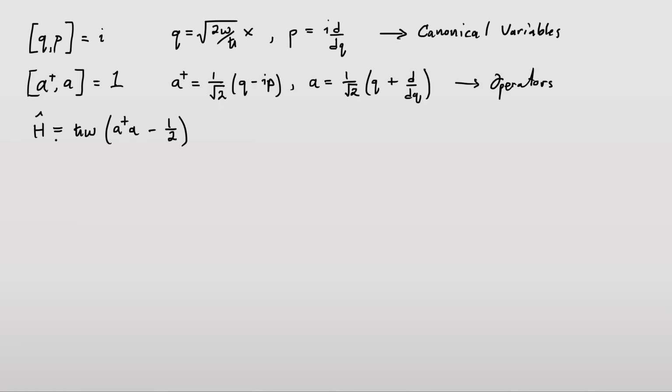This is different though, because this is kind of interesting how we build this up. We take these canonical variables and write them, and these operators encompass these canonical variables inside of them, and then this is the operator that encompasses these raising and lowering operators, and this is what we had.